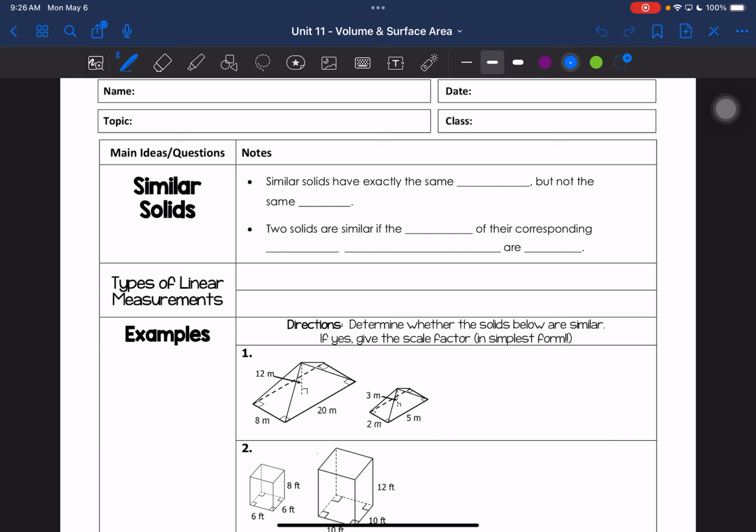Similarity in geometry always refers to shapes or things that have the same shape but not the same size. So solids just refers to a 3D shape, and so we can talk about a similar pyramid or similar prisms.